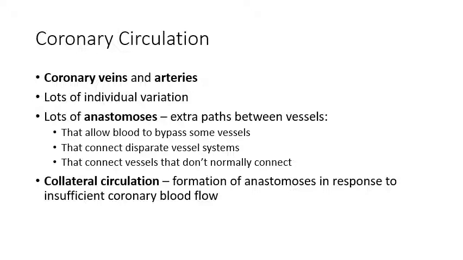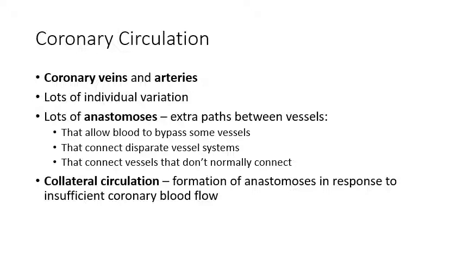This is important in the heart because you don't want any part of the heart wall to ever be without blood supply. If you get a clot in one of the coronary veins or arteries, then it's important that blood has another path that it can follow to reach that part of the heart wall, so that you don't have heart tissue dying due to lack of oxygen. So the collateral circulation in the heart is the anastomoses that exist that connect different parts of the circulation in different ways.